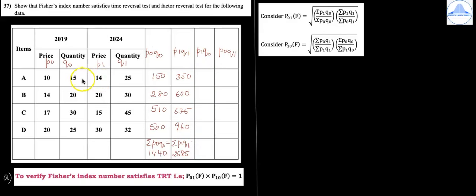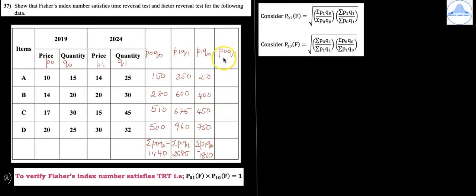So it is 14 into 15, that is 210, then 20 into 20 is 400, then you have 450 and 750. So summation P1 Q0, this total is equal to 1810.